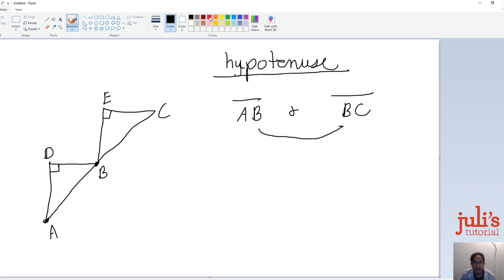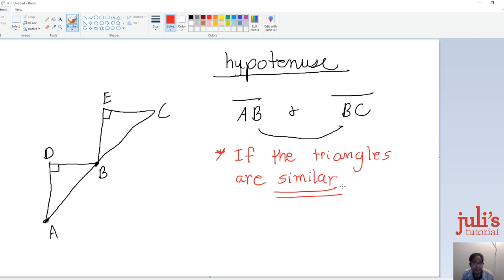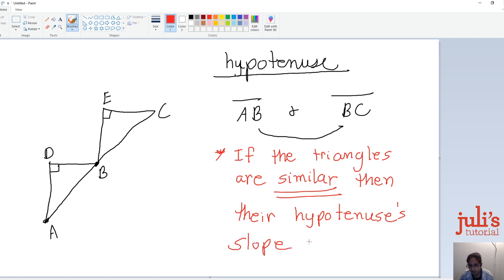So if the triangles are similar, and this is the key word here, they're similar, then their hypotenuse slope will be equal.